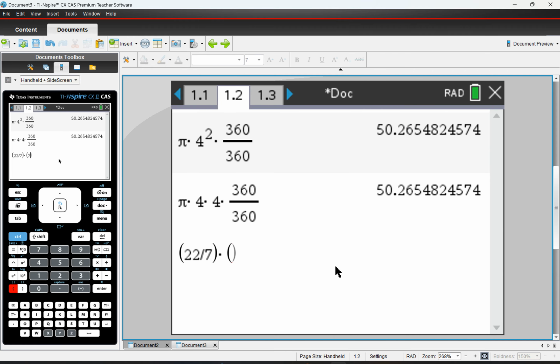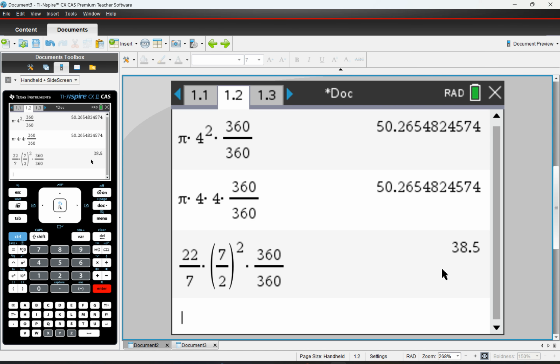Open brackets. 7 divide 2. Power of 2. So that means 7/2 squared. Times. And if you got 360/360, you can do 360 divide 360. But notice how I'm using the brackets to separate the fractions apart. That's another way to do it if your calculator can't do a fraction template. Okay? You should get the same answer as if you were putting it in fractions. Okay? So that's how you do it.